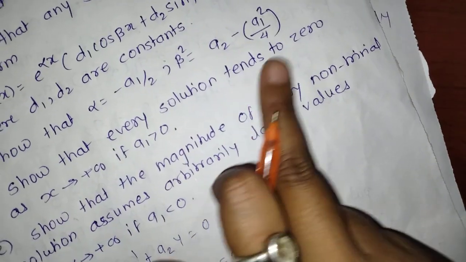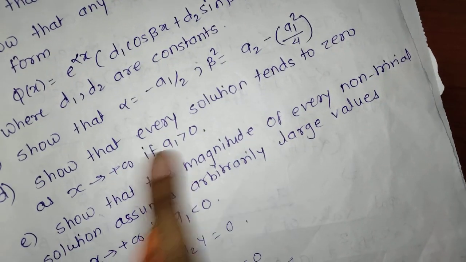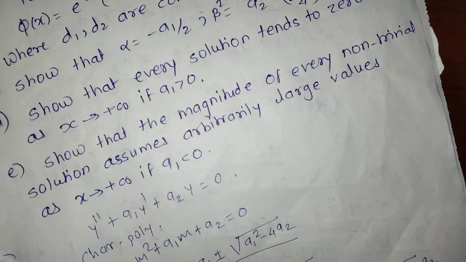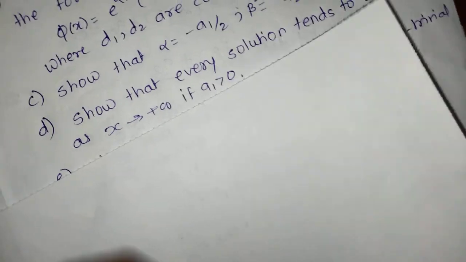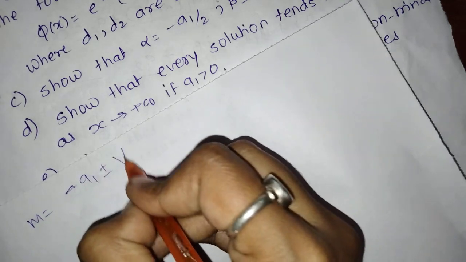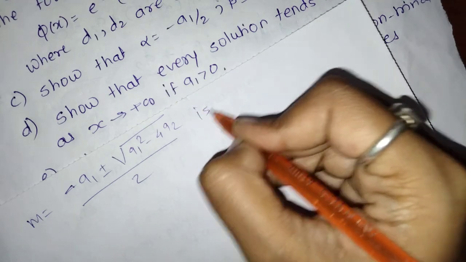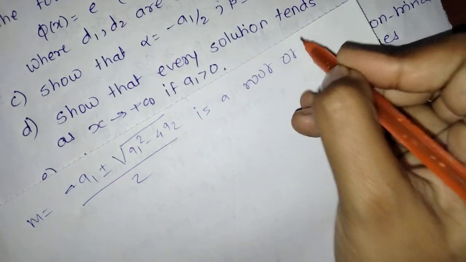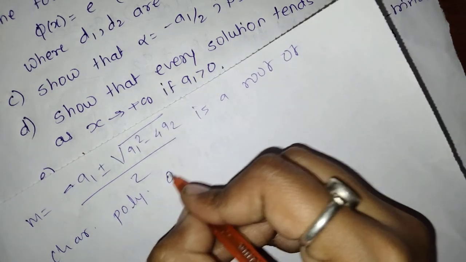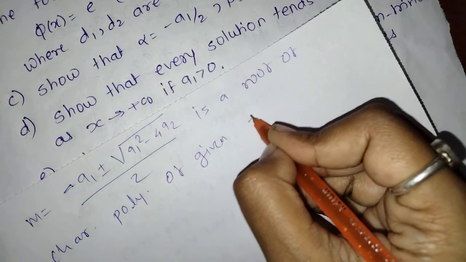Now lastly, show that every solution tends to 0 as x tends to plus infinity if a1 greater than 0. We found that m equal to minus a1 plus minus under root a1 square minus 4a2 upon 2 is the root of the characteristic polynomial of the given equation.